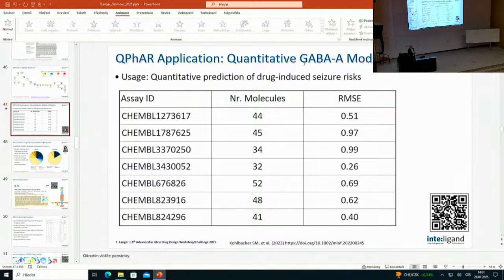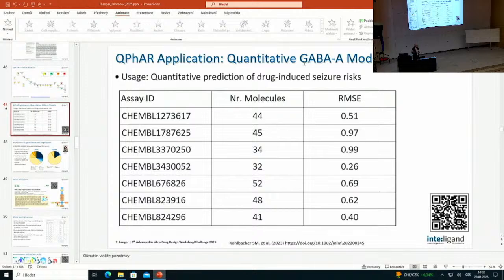And the other thing is we have a lot of data from industry. They test their compounds in certain assays. And of course, it's much more complex because we know that the constitution of these GABA receptors is heteropentameric, right, with alpha, beta, gamma subunits, alpha 1, 2, 3, beta, etc. So it's very, very complicated.